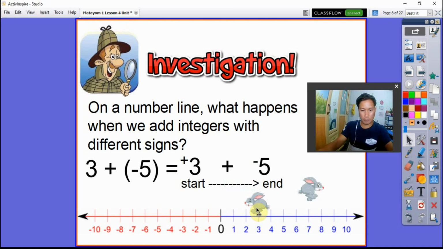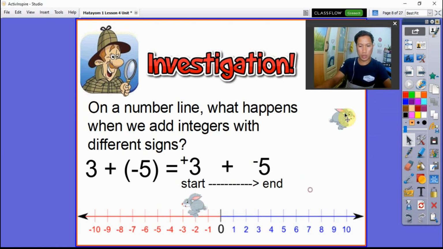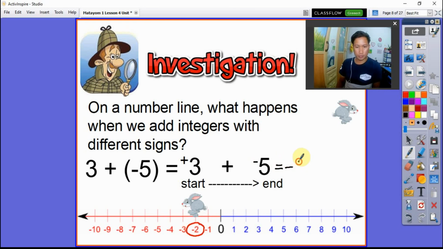We jump from 3 going to the left: 1, 2, 3, 4, 5. So 3 plus negative 5 is equal to negative 2. We write our answer here: positive 3 plus negative 5 is equal to negative 2.